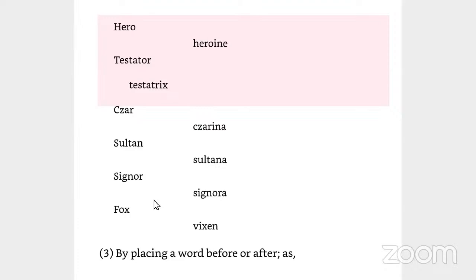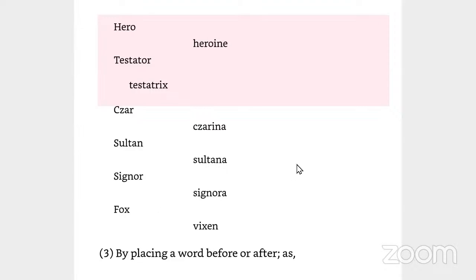Signor and signora are Italian words used as an address title, like Mr. In India we say Mr. Mahanti, Mrs. Mahanti, Mr. Rahul, Miss whatever. Signor is the Italian word for that. Signor and signora. Fox, F-O-X, vixen, V-I-X-E-N.